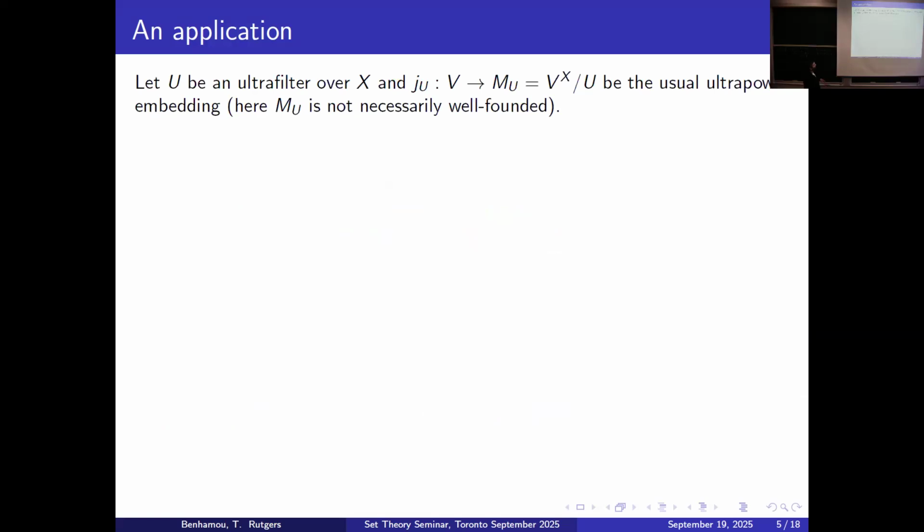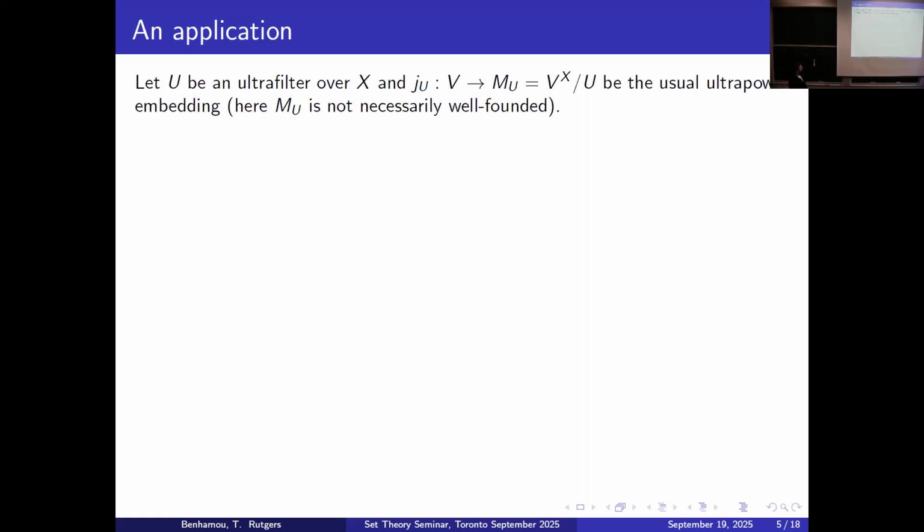Let U be an ultrafilter over a set X, and let j_U from V to M_U be the usual ultrapower embedding. M_U consists of all equivalence classes of functions whose domain is X, modulo the ultrafilter. j_U takes x to the equivalence class of the constant function x.